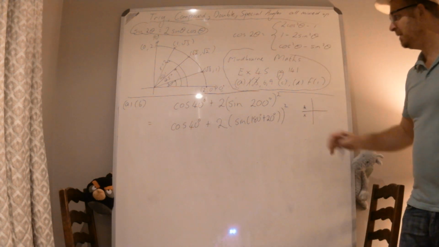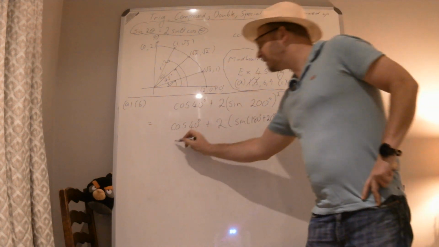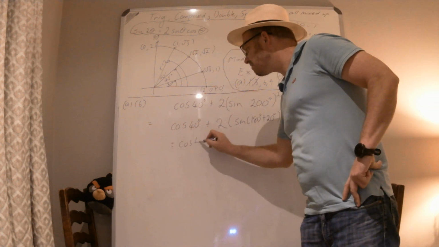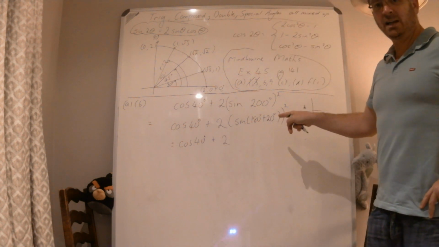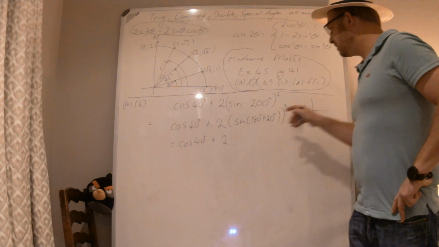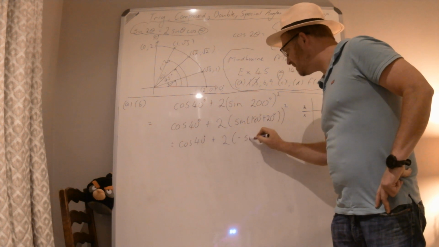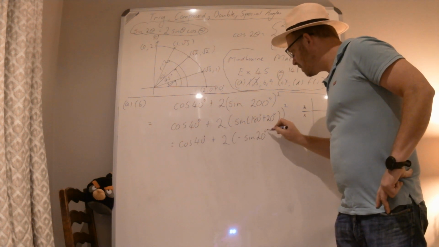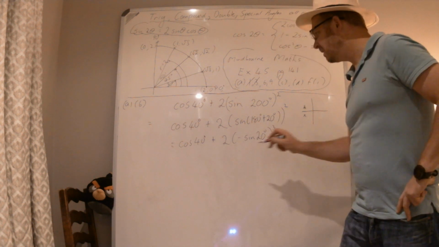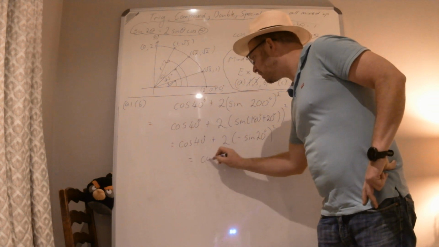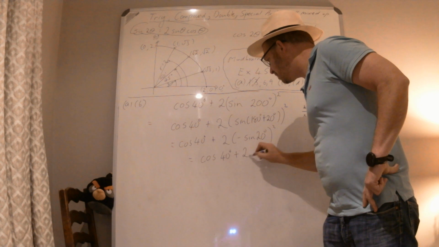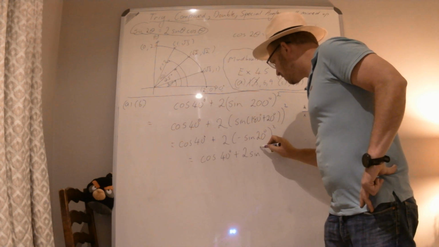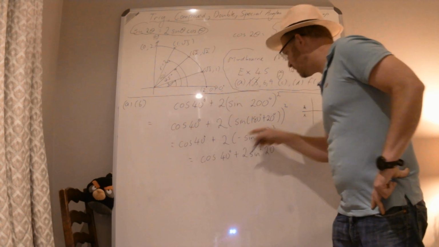Then we'll keep cos 40 there for now. In this quadrant it becomes negative sine 20. But it's squared, which means I'm going to end up with cos 40 plus 2 sine squared 20, because when I square the negative it becomes positive.